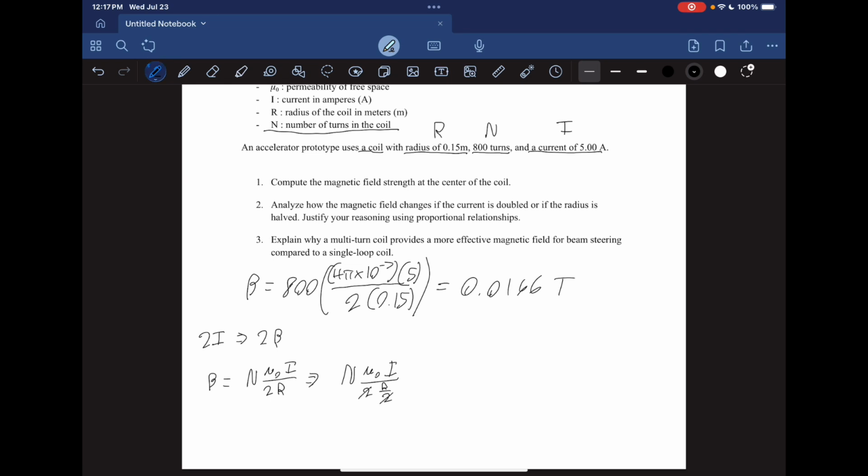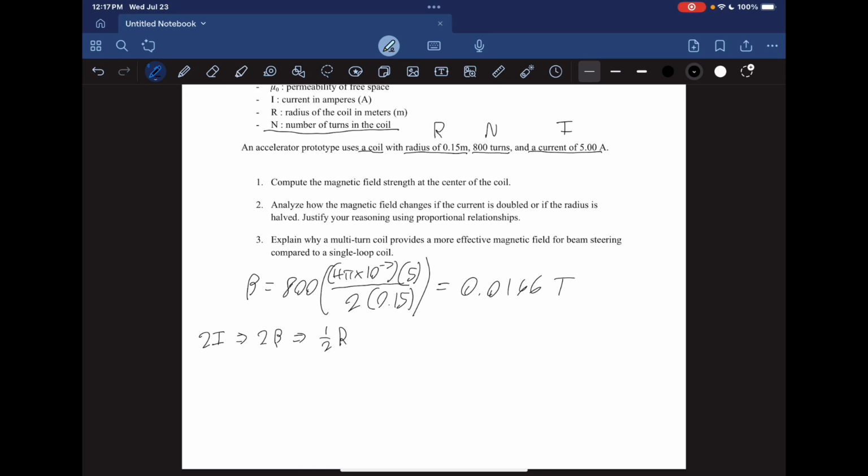So these cancel out, and we end up with the exact same thing, where in the first part of the equation, there's a 1/2 being multiplied by it, and in the second part of the equation, that coefficient of 1/2 is missing. So if you halve the radius, you get double the magnetic field.